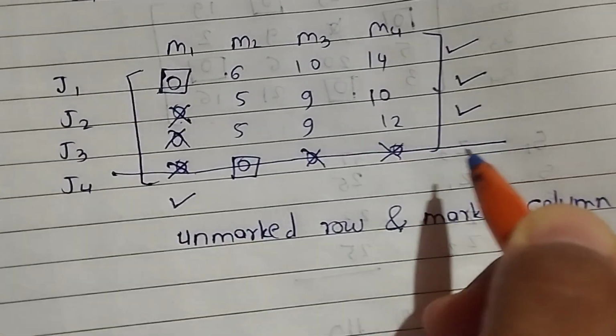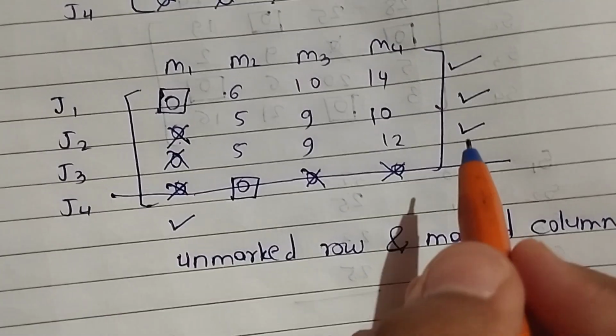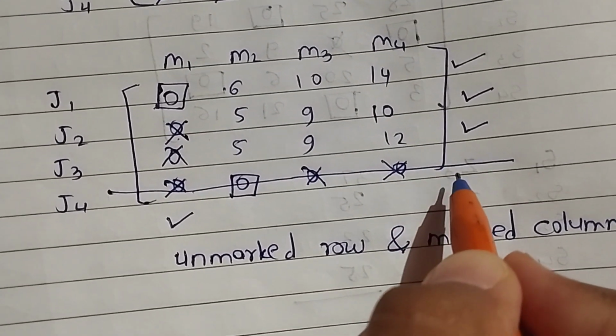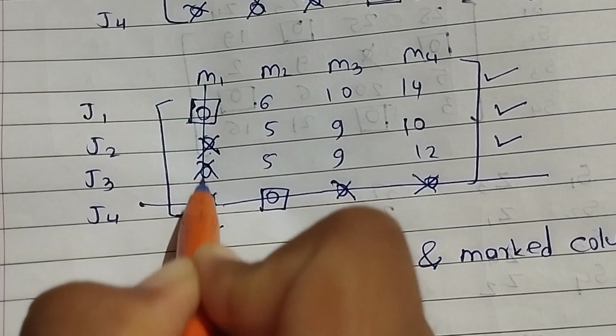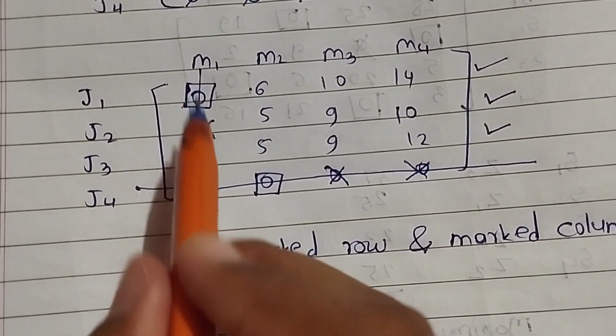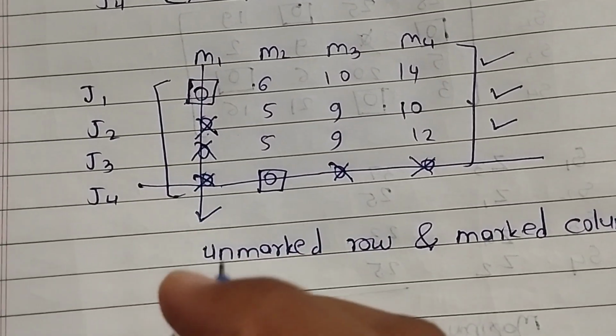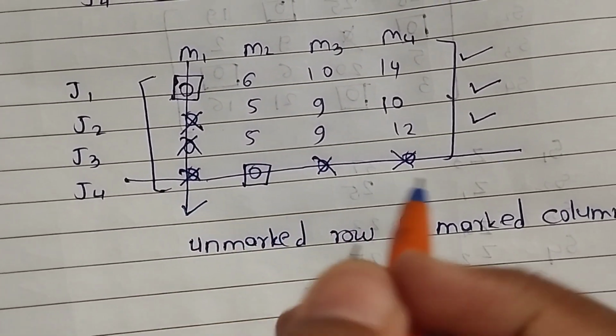So these first three are the marked rows, but we want the unmarked row, which is the last one, and the marked column, which is the first column. So we can observe here that all the zeros are covered by the two lines, the marked column and the unmarked row.